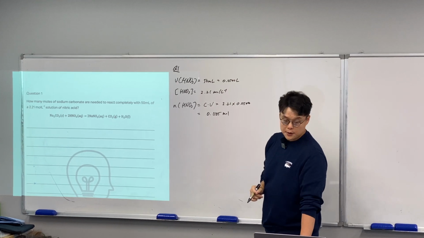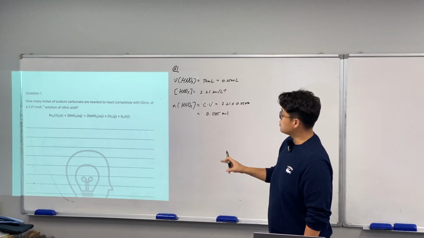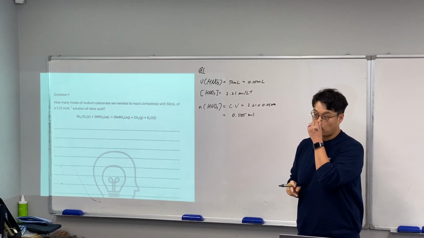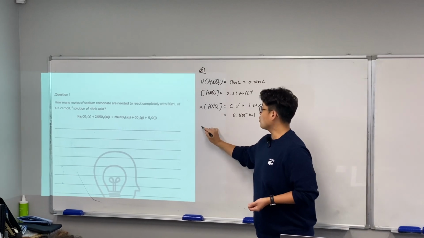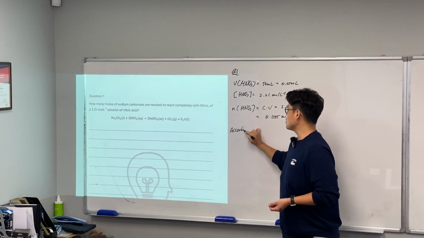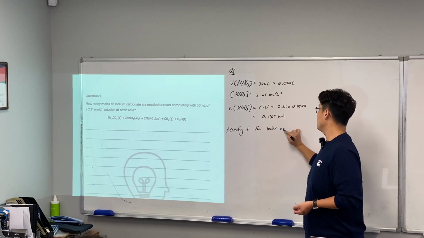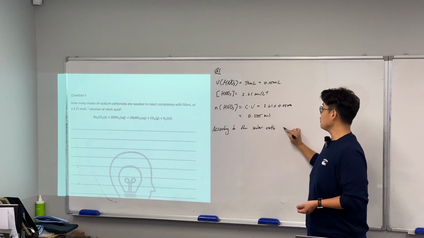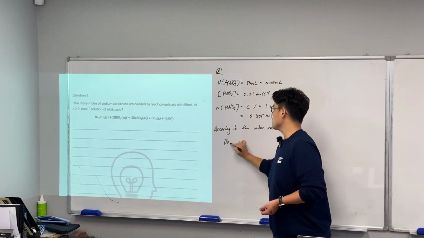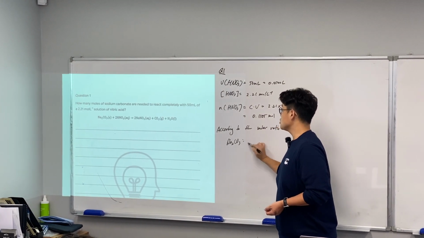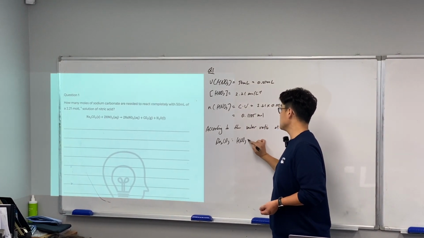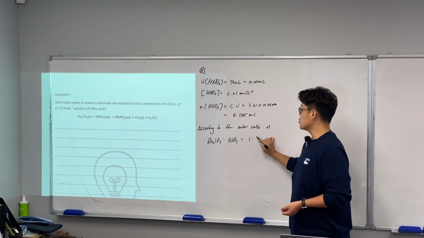Now, the question is specifically asking how much of the sodium carbonate is required. For that, we have to use the molar ratio, or you may say the reaction ratio, of the sodium carbonate to the nitric acid, which is given as 1 to 2.